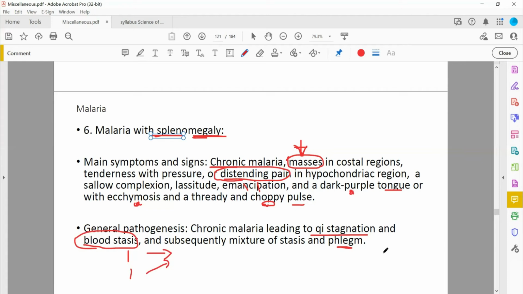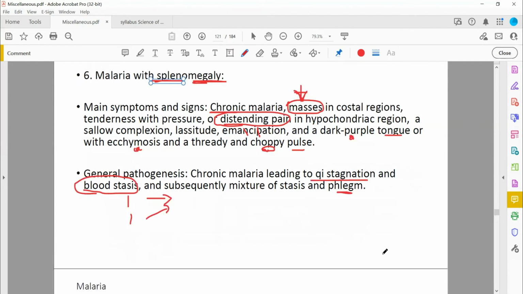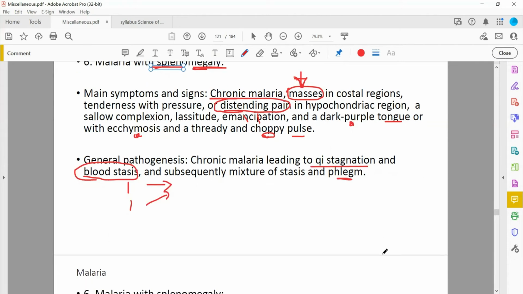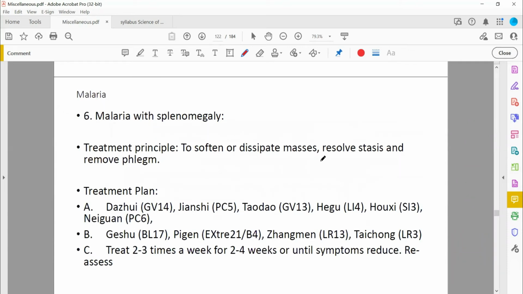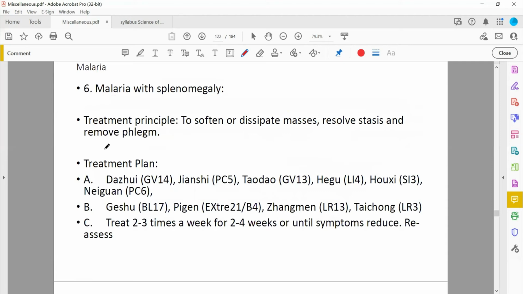And many masses in the body are always a combination of blood stasis and phlegm. To soften and dissipate masses, resolve stasis, and remove phlegm.